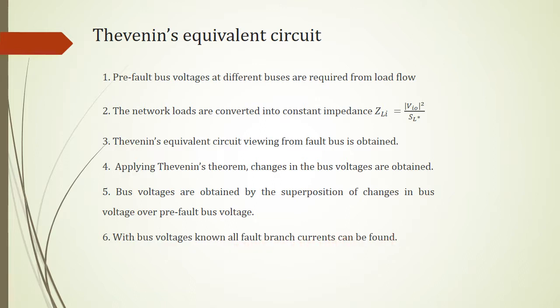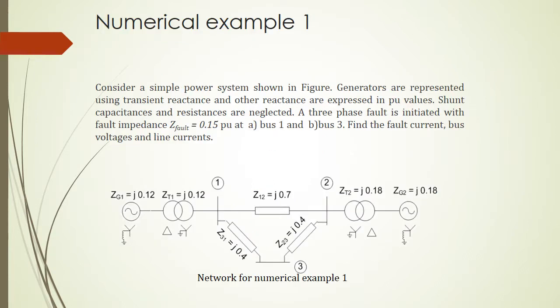simple circuit analysis. So first, let's talk about a very simple numerical example. We consider a power system. In this figure, the generators are represented using transient reactance, and the other reactances such as those from transformers and transmission lines are represented using per unit values.